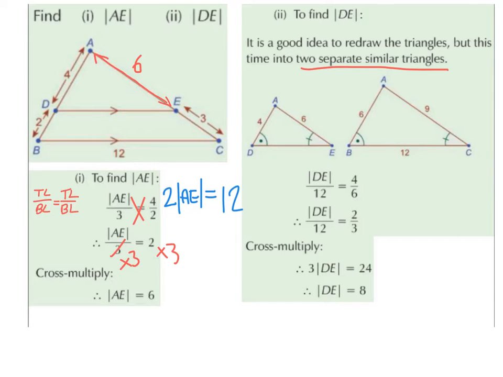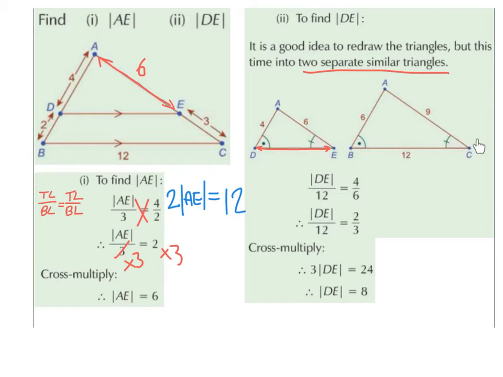Now, if we just start with our smaller triangle, ADE, from A to D, we have a distance of 4. So we're going to label AD as 4 in our smaller triangle. From A to E, we have a distance of 6, because we already found that from part 1. So we label this as 6. We don't know what this distance DE is, but that's what we're trying to figure out.